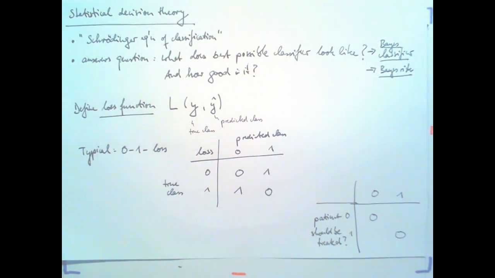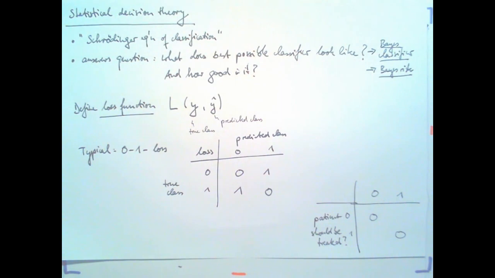And now it is up to the user to decide how bad is that. So you have not treated a patient even though you should have. How much is that worth to you? How big should the penalty be on that? And let's say if you live in a country where you get sued, like in the US, and the sums can be astronomical, then you want to be very much on the safe side.